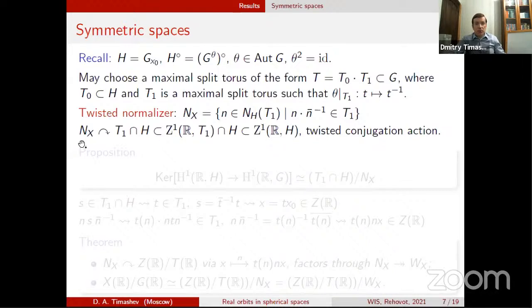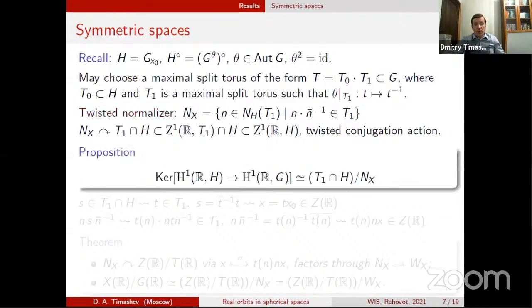And this group, twisted normalizer of T1, acts on T1 intersect with H. And it is easy to see that the latter set consists of elements of order 2. And it sits in the 1 cocycles of T1 intersect with H, which in turn sits in 1 cocycles of H. So Nx acts on the smaller set of cocycles by twisted conjugation.